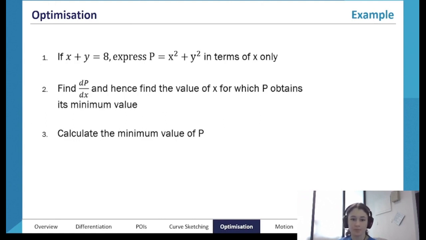So here we have a very basic optimization question. It's not worded, it's purely in maths, but it's still a little bit more difficult because we need to create our equation ourselves. A typical thing you're going to see in optimization questions is that you'll be able to express things in terms of two equations, but both of those equations will have unknowns in them.